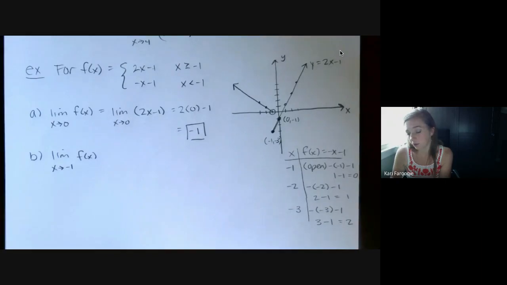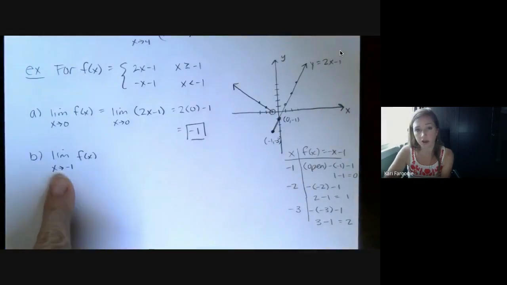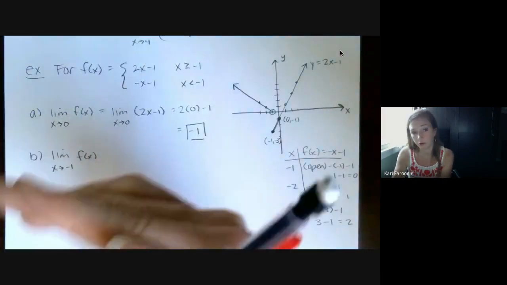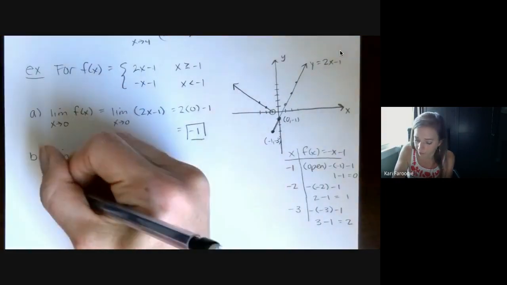I think for approaching this boundary, honestly, looking at the graph is probably the easier way of doing it, but we also need to know how to do this analytically because we're going to be doing more stuff like this analytically. So since -1 is our boundary, we're going to approach -1 from the left and from the right.